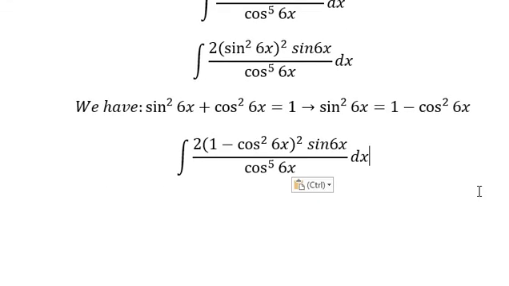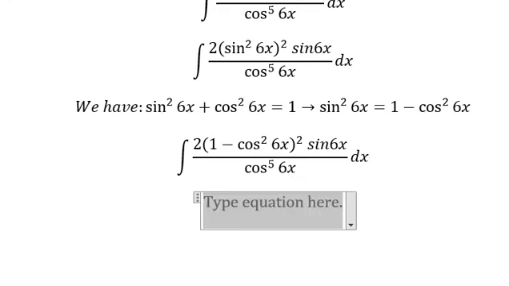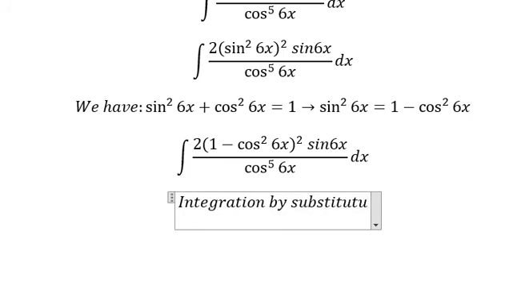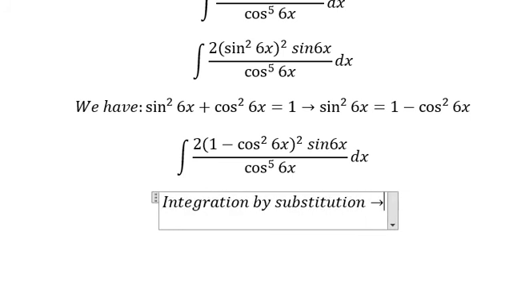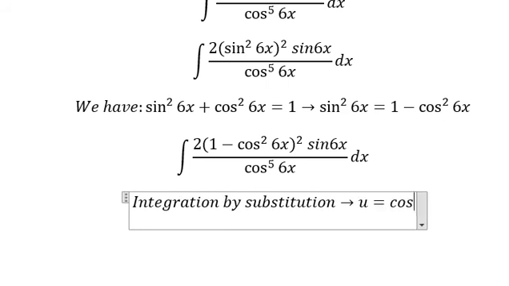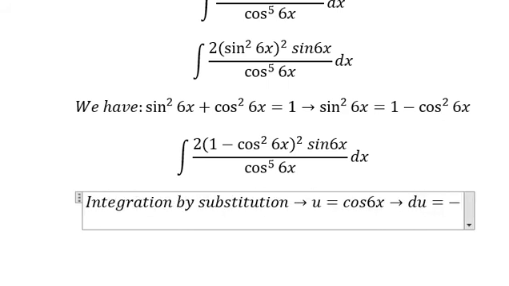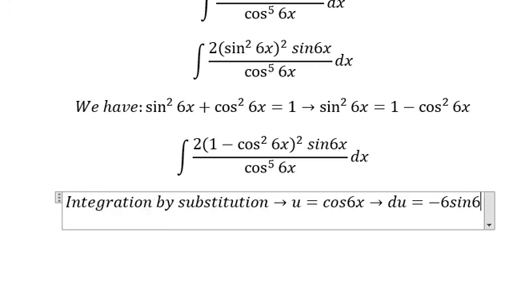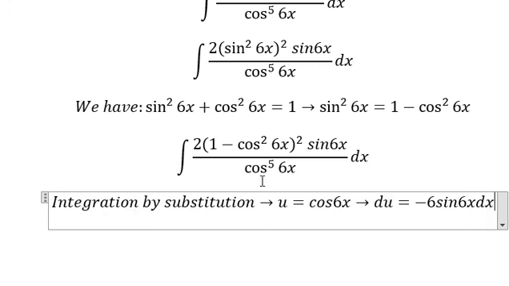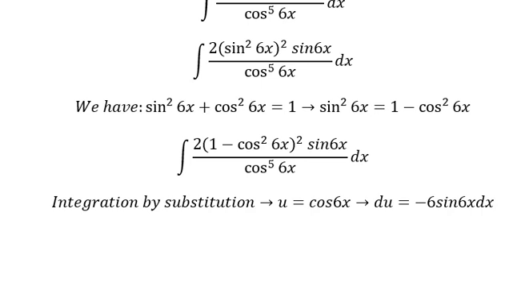Now we need to use integration by substitution. So we put u equal to cosine 6s. The du is negative 6 sine 6s ds. Because we don't have negative 6, we divide both sides by negative 6.